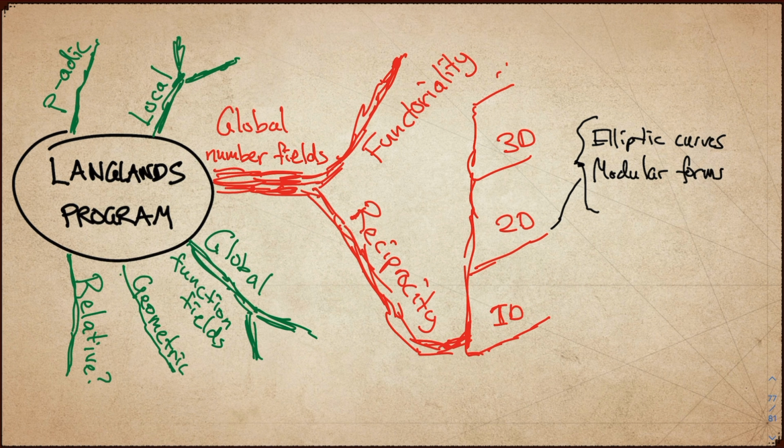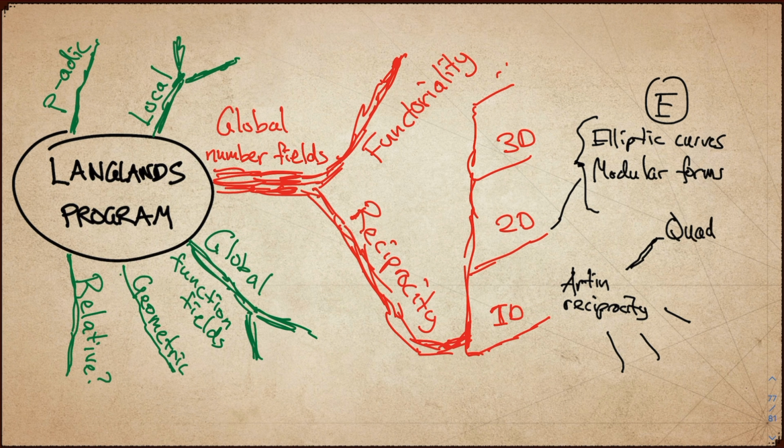This was what we wanted to convey with our second example, called E. In dimension 1, Langlands' reciprocity includes something called Artin reciprocity. And the simplest case of Artin reciprocity is quadratic reciprocity that Gauss discovered.